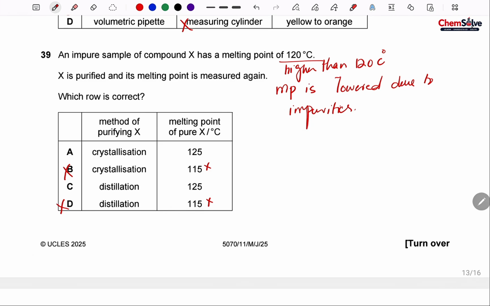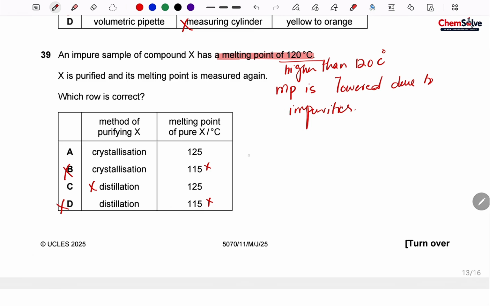Okay, method of purifying. According to the question statement, it is a solid because its melting point is 120. So it is a solid. So of course we will not use distillation. This is used for the separation of liquids.